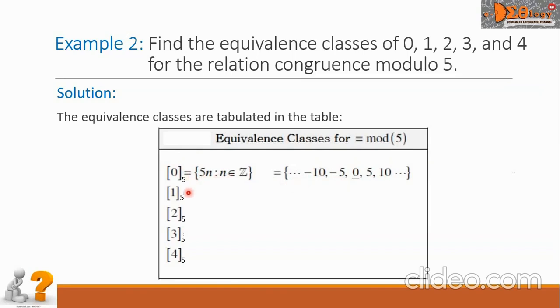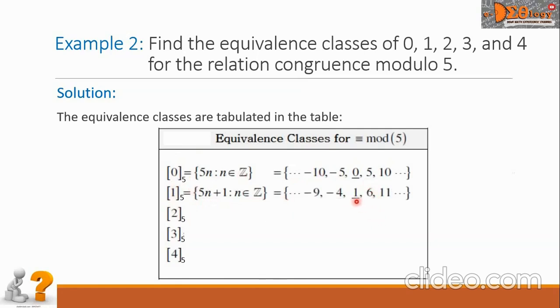Let's go now to the equivalence class of 1. This is equal to 5n plus 1, such that n is an element of Z. So the elements of the equivalence class of 1 will be here, starting with the number 1 itself.